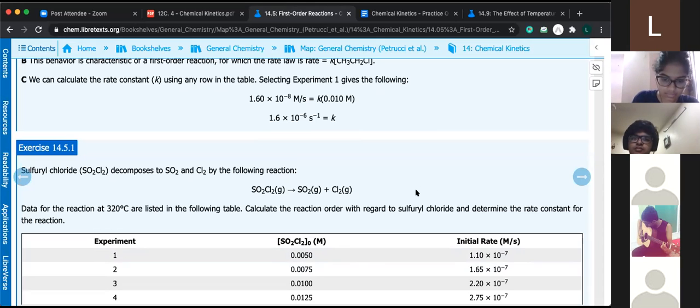Riya, check your calculation. The answer is wrong. Just see that you have used the correct values. If you take rate 1.10, concentration, take it as this first one only. By mistake, if you take 0.1, then it will be wrong. So be careful. Aryan, yes, now it is right. Ensure that you take corresponding values.